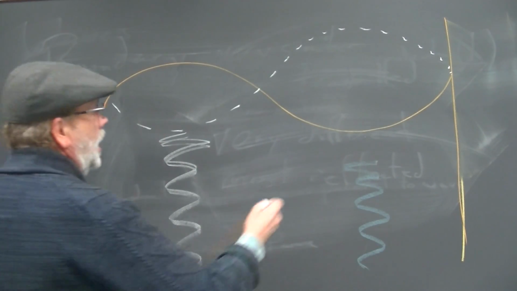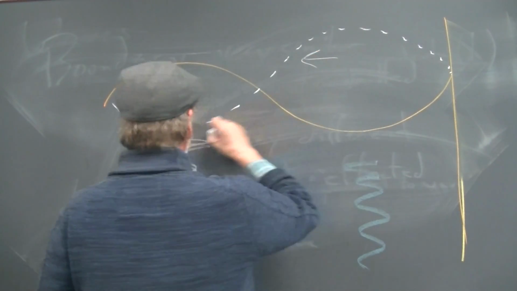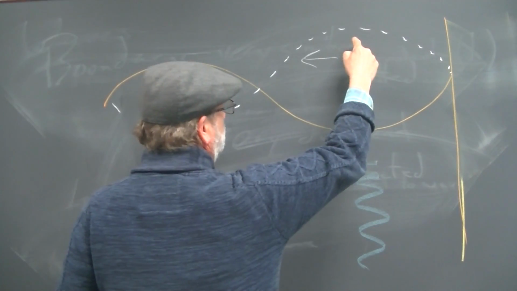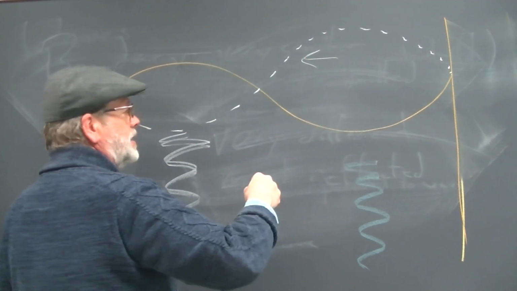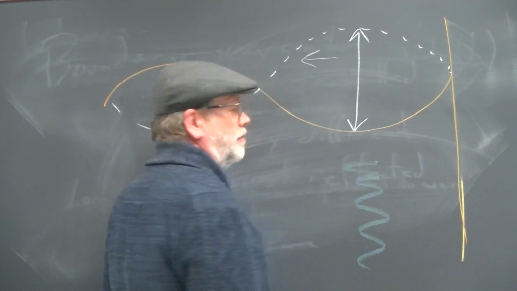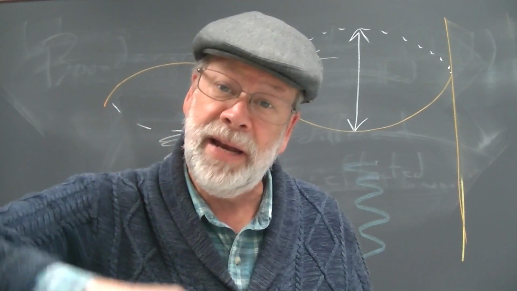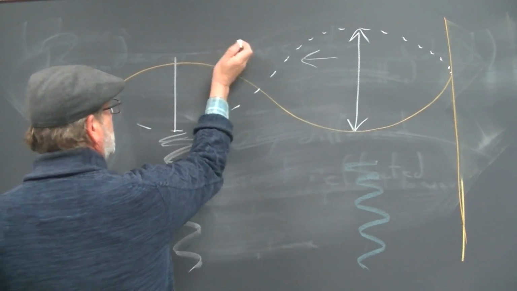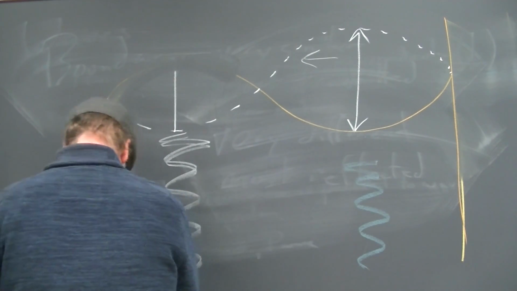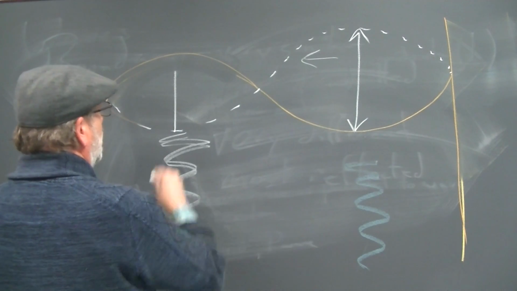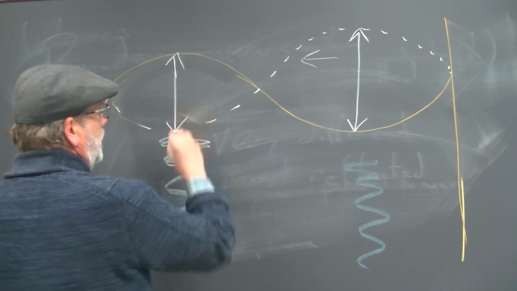Well, on its way back, if you continue making waves, the waves are going to meet in such a way that here you'll have an antinode vibrating between positive and negative displacements, as you'll have here. These should be the same size if I'm being a good person. So here's another antinode vibrating up and down.